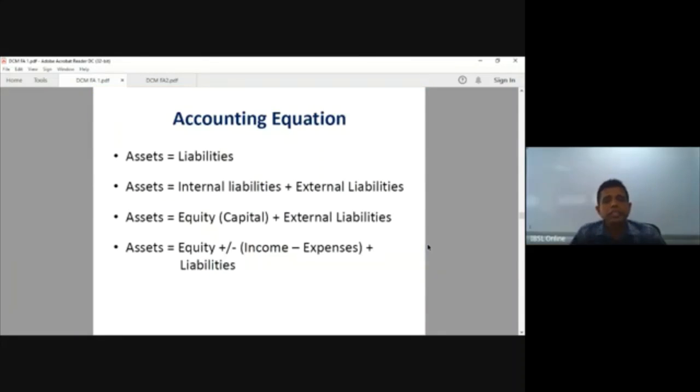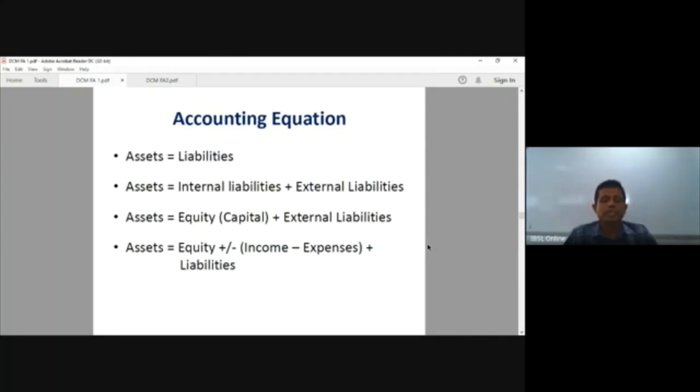This is the same formula. Assets equal liabilities. Then liabilities can be divided into internal liabilities and external liabilities. Then third one, assets equal internal liabilities, which are called equity, plus external liabilities.